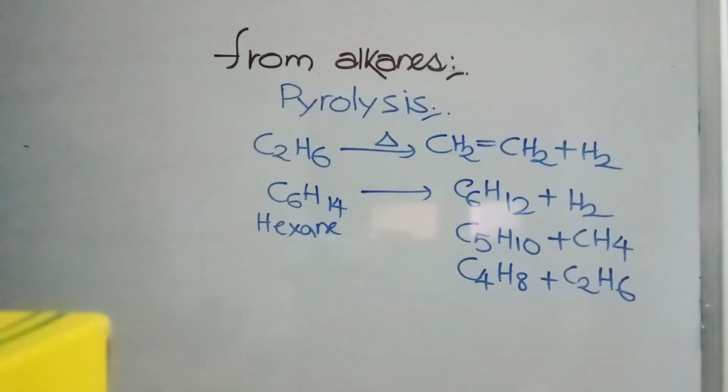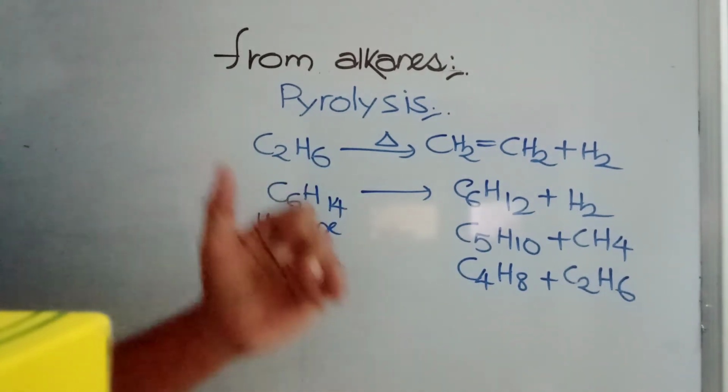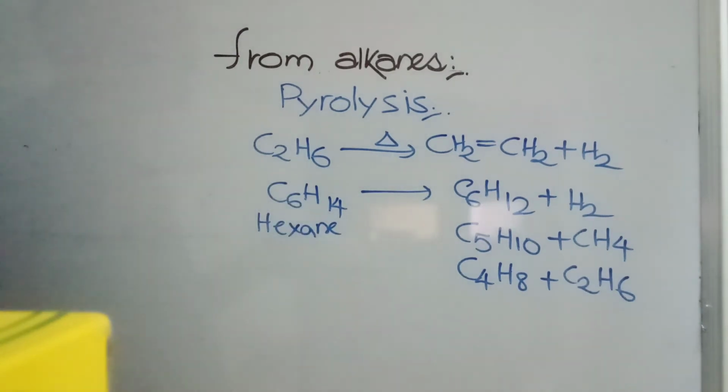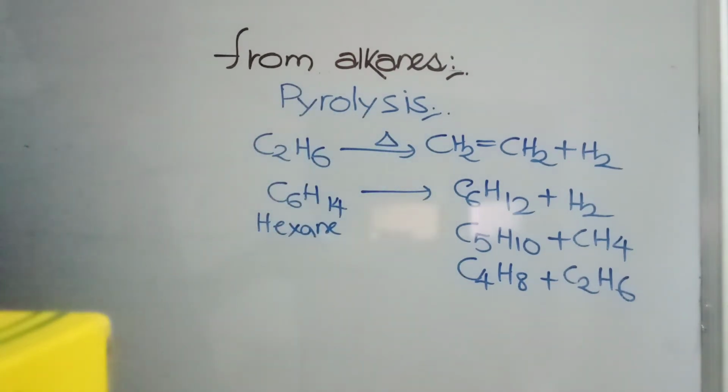Otherwise, you can take C3H6 and C3H8; both are possible. When alkanes are heated in the absence of oxygen, that reaction we call a pyrolysis reaction. In the pyrolysis reaction, alkenes are going to form, but a mixture of alkenes is obtained here. So this is not a very good method.